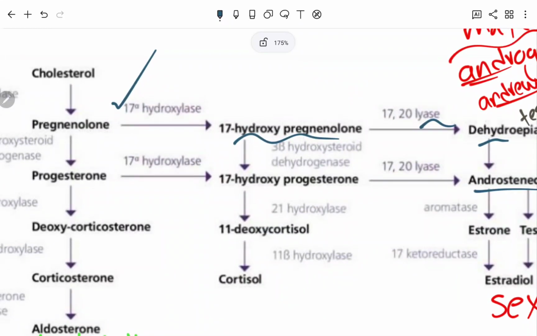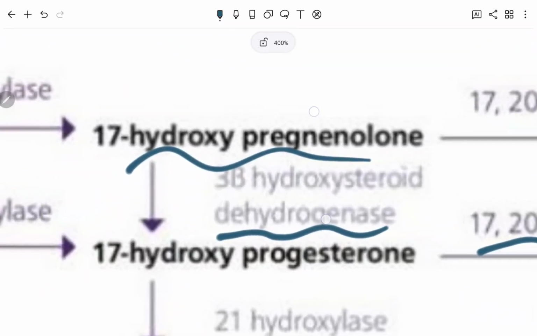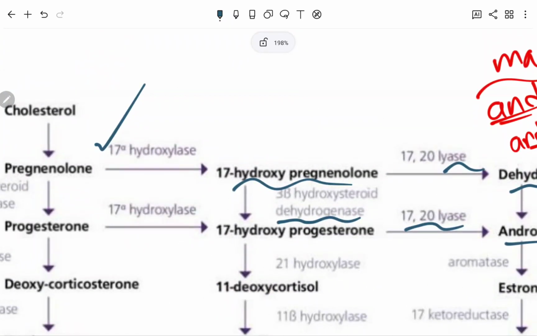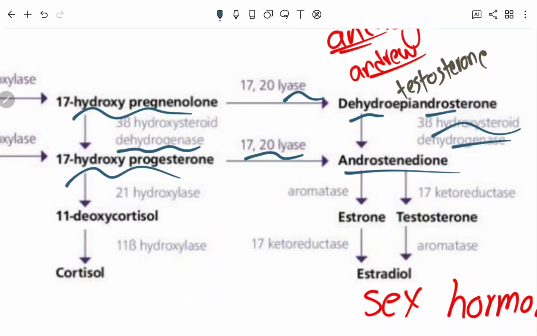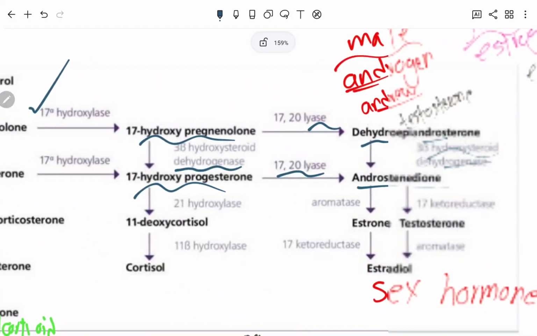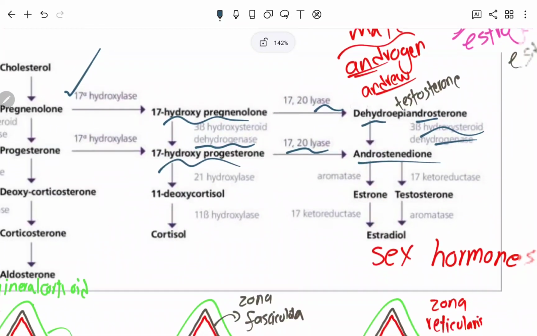You see this 17-hydroxypregnenolone? The 17-hydroxypregnenolone can undergo the dehydrogenation step before the lyase step. When 17-hydroxypregnenolone undergoes the 3-beta hydroxysteroid dehydrogenation step, it's going to get converted into 17-hydroxyprogesterone, and then by the action of 17-20 lyase, the 17-hydroxyprogesterone would yield androstenedione. You see, the matter is flexible.